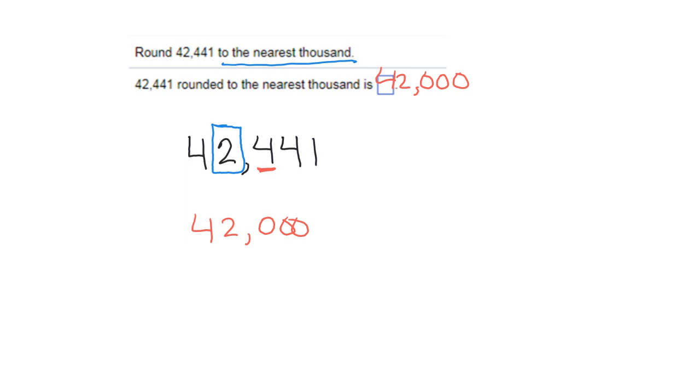Again, you can use that number line if you like. When you're looking at the thousands position, the original number would either round to 42,000 or it will round to 43,000. And this is 42,000. Remember, right in the middle here would be 42,500.